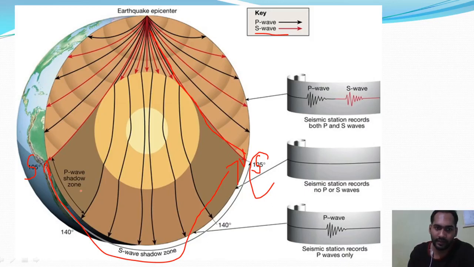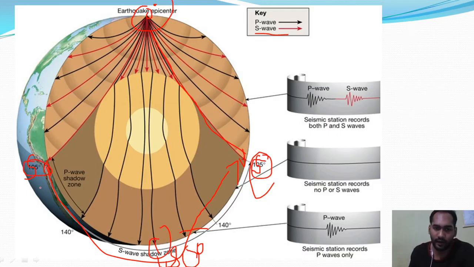So if it is 0 degree here and 180 degree here, then this angle is 105, or somewhere it is written as 103 in some books, right?